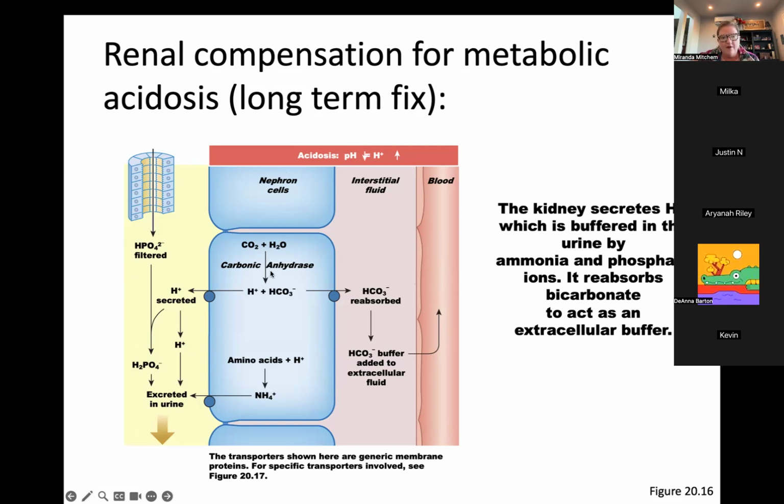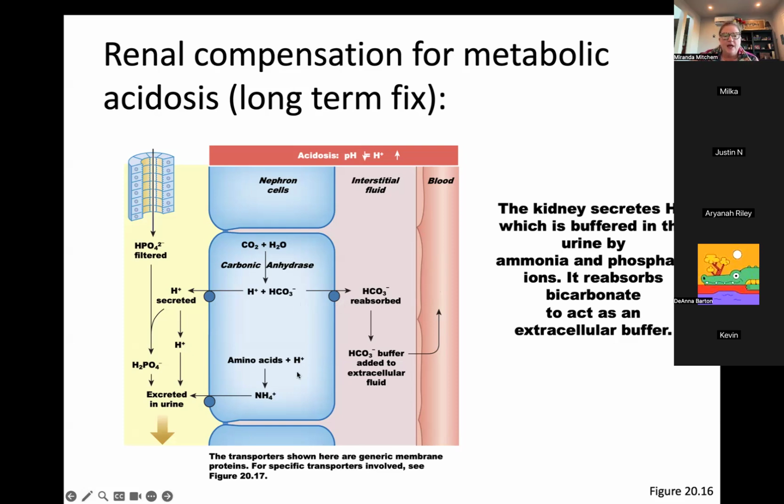And because of our law of mass action, when we have carbon dioxide and water, with the action of carbonic anhydrase, that's the enzyme, it produces hydrogen ion and then bicarb. The hydrogen ion moves out a hydrogen channel into the urine where it's wasted in the urine. But then this bicarb, as we've already learned, that's a buffer and it's a very good buffer. So it's going to be reabsorbed into the bloodstream and help to neutralize the acidic conditions.